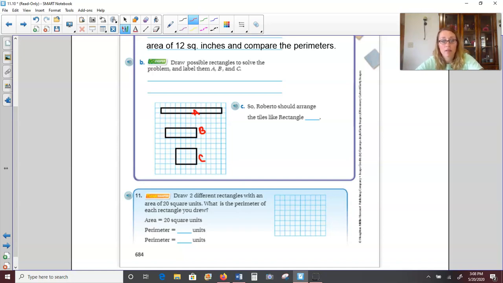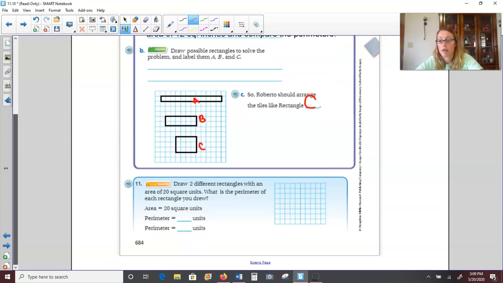A, B, or C? Yeah, C, because if you've been paying attention in this video, we've said that the largest perimeter is going to have the largest top and bottom side, so it wouldn't be A. B is kind of right in the middle. C has the shortest sides on the top and bottom, and so it has the shortest perimeter. Okay, so letter C.